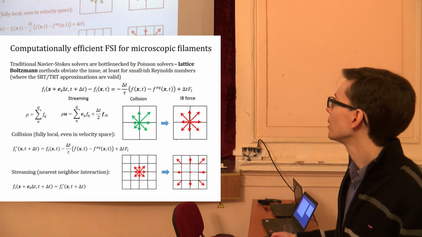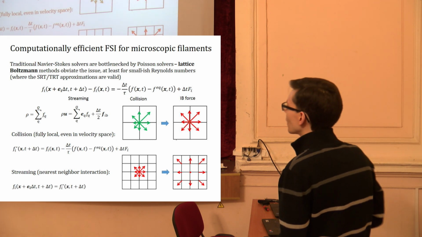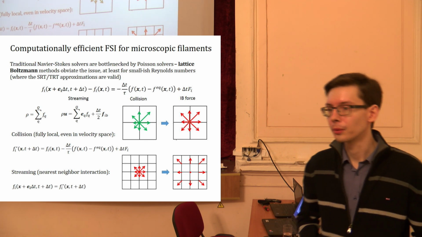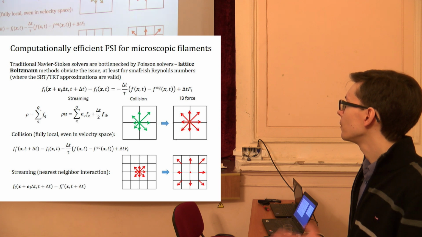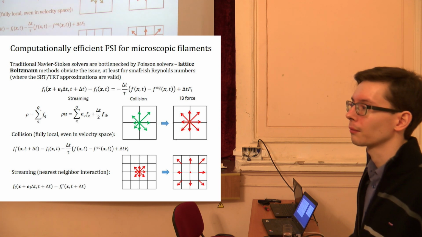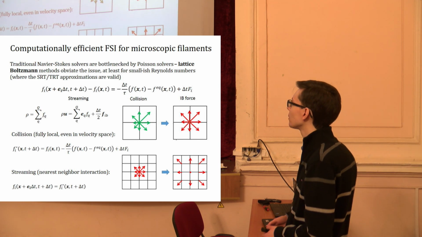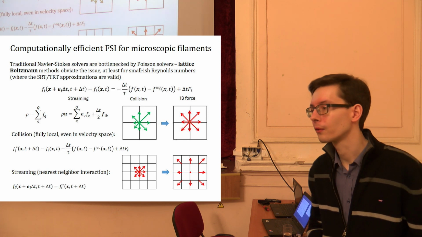The other step, streaming, or advection, equivalently, is a nearest neighbor interaction. So you only care about the neighboring grid points. That's a very efficient solution. And these two approaches that I've described, the immersed boundary methods and Lattice-Boltzmann methods, have been recently combined to yield highly efficient solvers, at least in the regime of fairly small to medium Reynolds numbers.